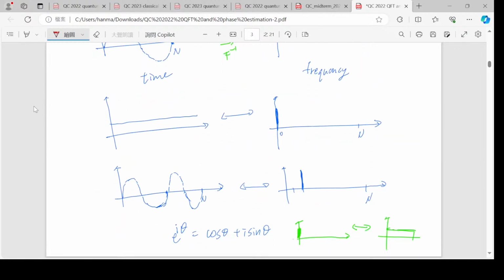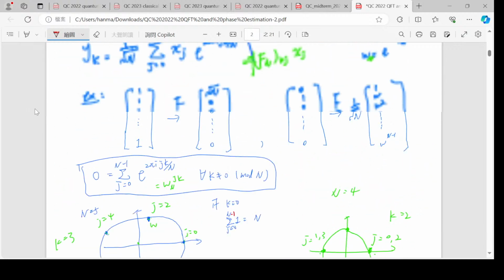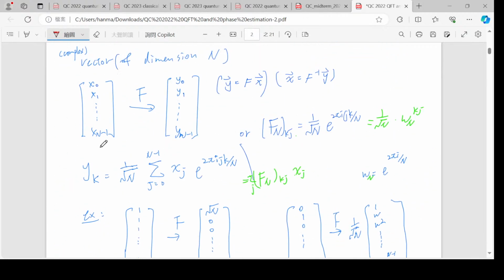Anyway, that's a very quick introduction to the classical Fourier transform for a discrete function or a discrete set. So any question for now? Once again, the basic definition of the Fourier transform is just this matrix.